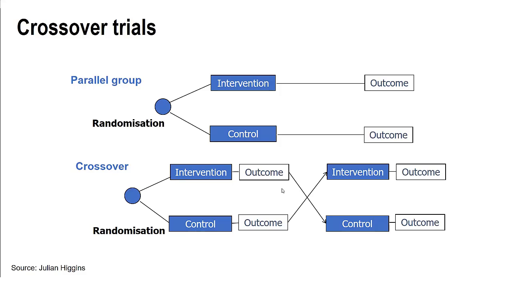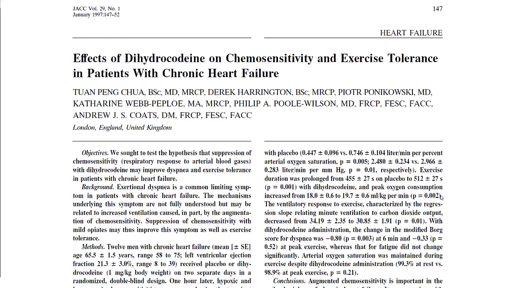So at the end of the first period here, we measure their outcome. And then again, once they've gone through to receive the next intervention or control, we again measure their outcome. So just looking at an example here, this is the effects of dihydrocodone on chemosensitivity and exercise tolerance in patients with chronic heart failure.